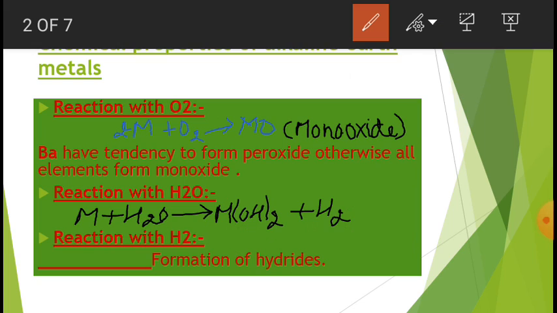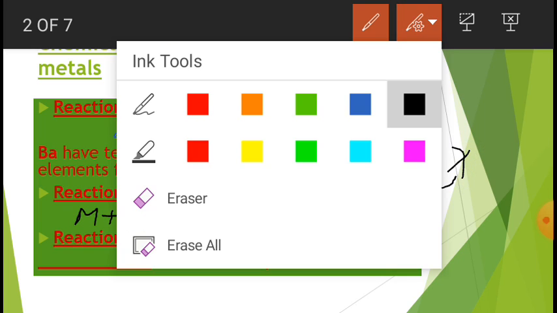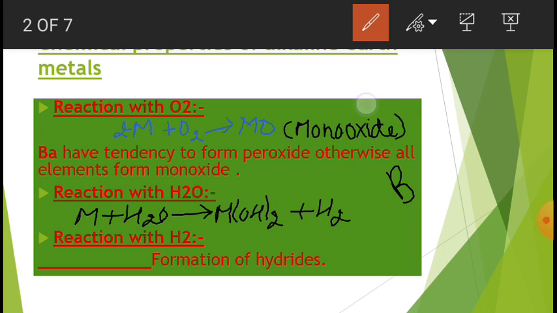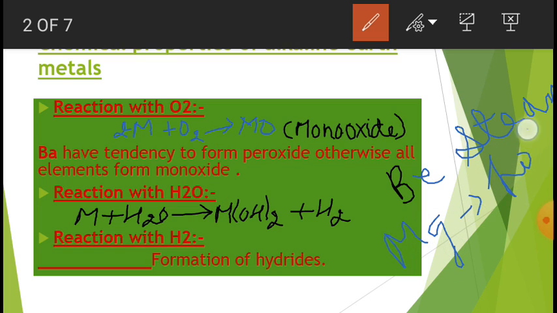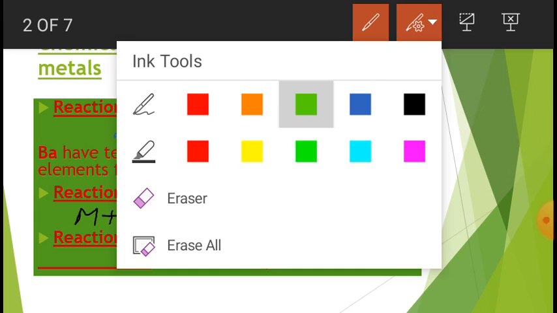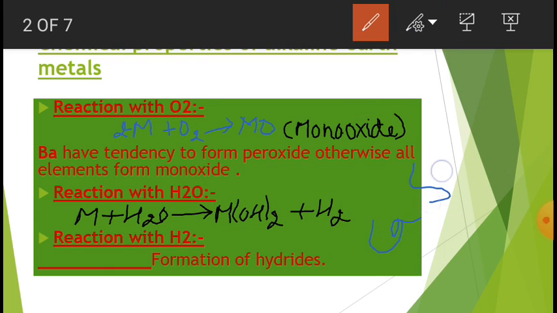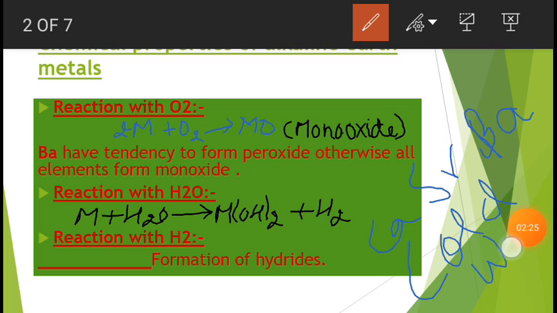Most important thing to remember here is that when we react beryllium metal with water, we use steam for beryllium, and for magnesium metal we use hot water, and for calcium, strontium and barium we always use cold water for a reaction, right?